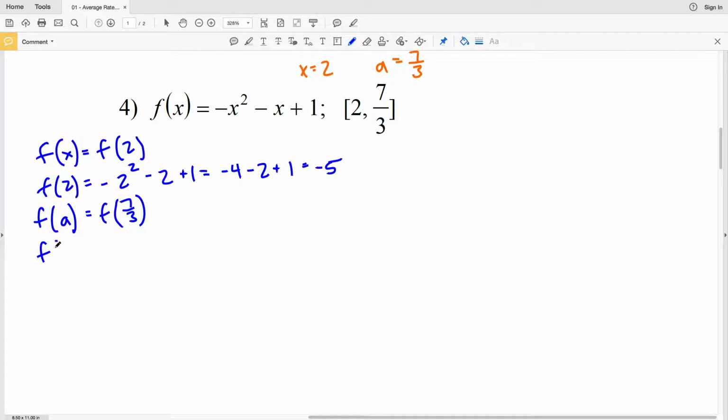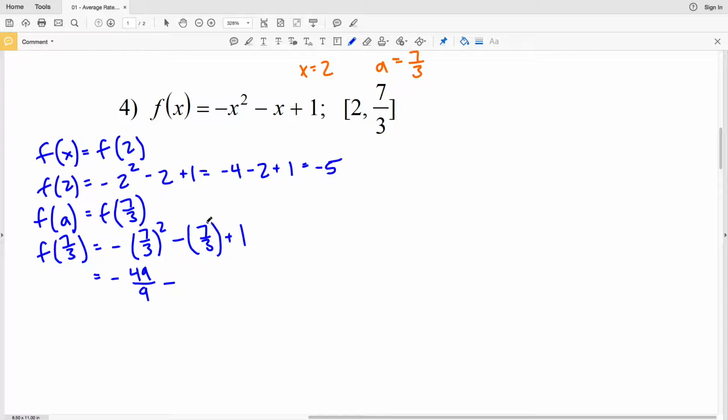And for f of a, we're solving for f of 7/3. So the function at 7/3 is going to be negative 7/3 squared minus 7/3 plus 1. So it'll be the opposite of 7/3 squared, which 7 squared is 49, and 3 squared is 9.